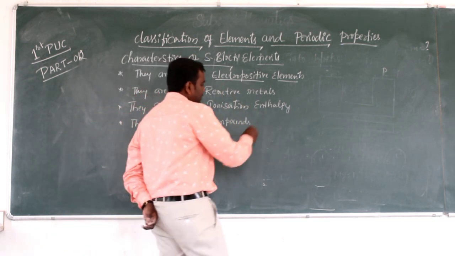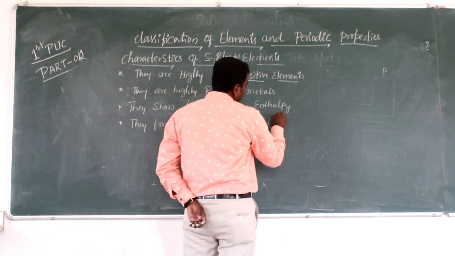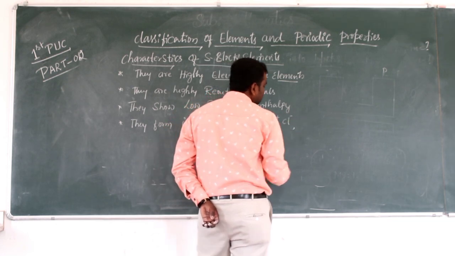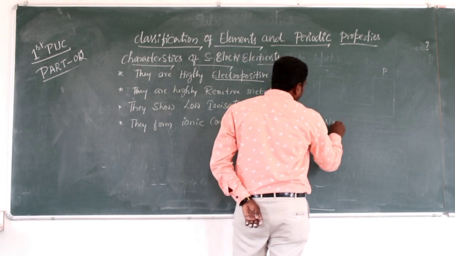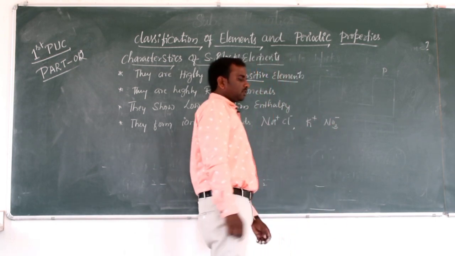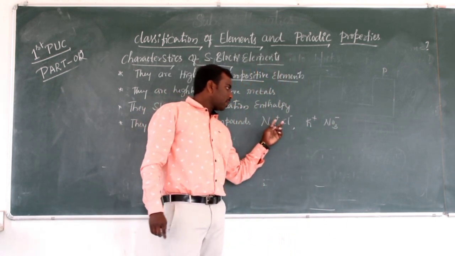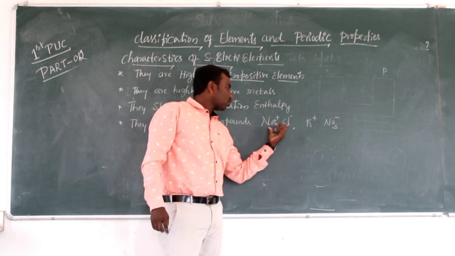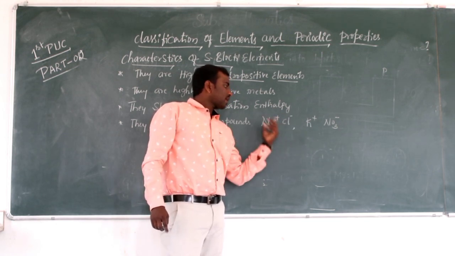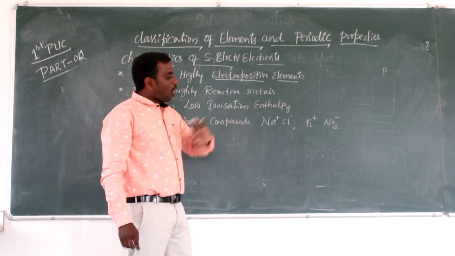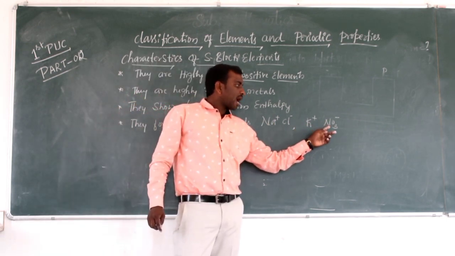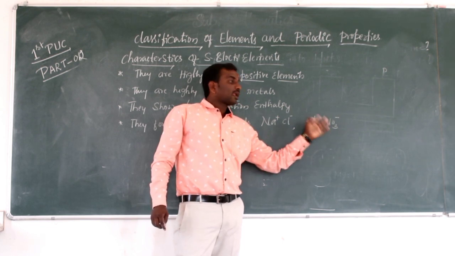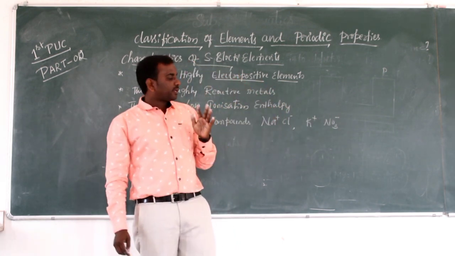right? So that's Na plus Cl minus and K plus and NO3 minus, right? See, sodium Na plus and Cl minus, sodium chloride. This is an example for ionic compounds, right? See, potassium and this is NO3 minus, nitrate ion.